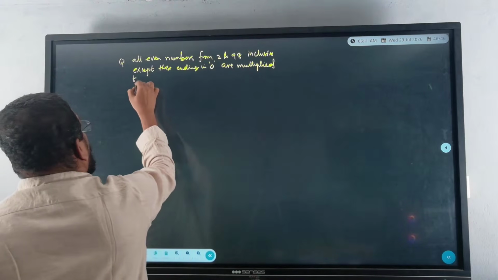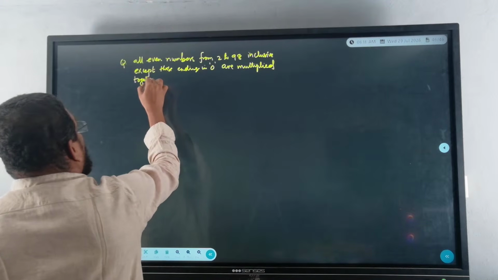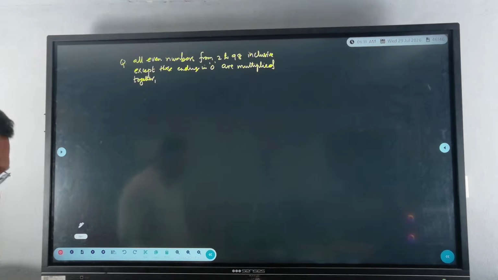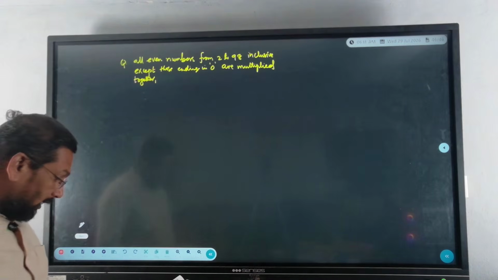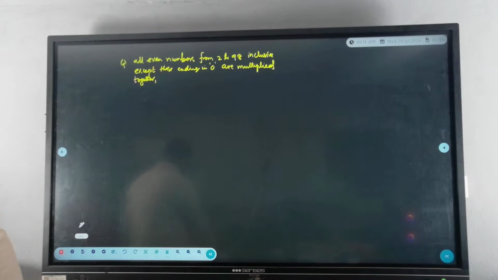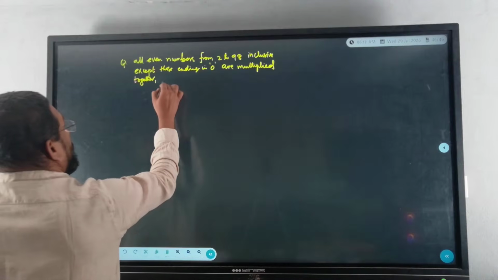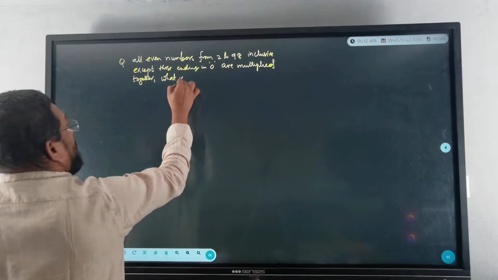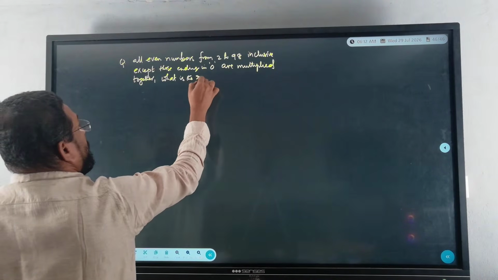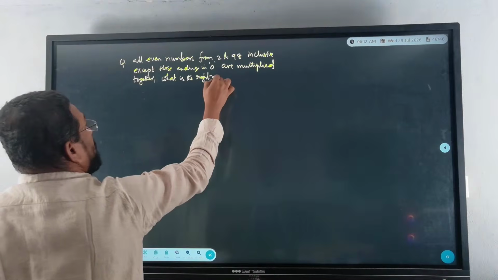What is the rightmost digit in the product?